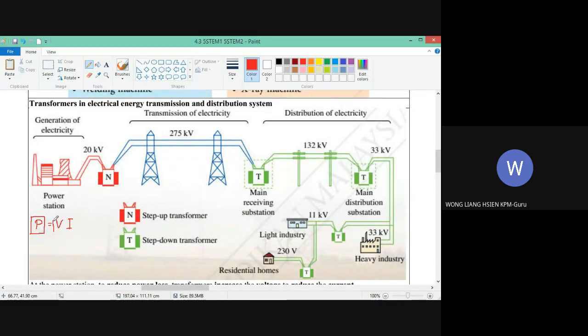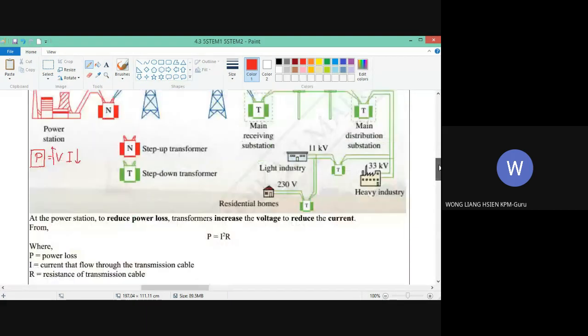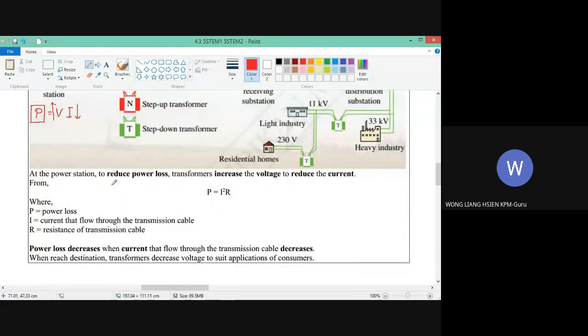So when we increase the voltage, the current will decrease, and when the current decreases, the power loss in the cable will decrease. At the power station, to reduce power loss, the transformer increases the voltage to reduce the current. From power equals I squared R, where R is the resistance of the transmission cable.